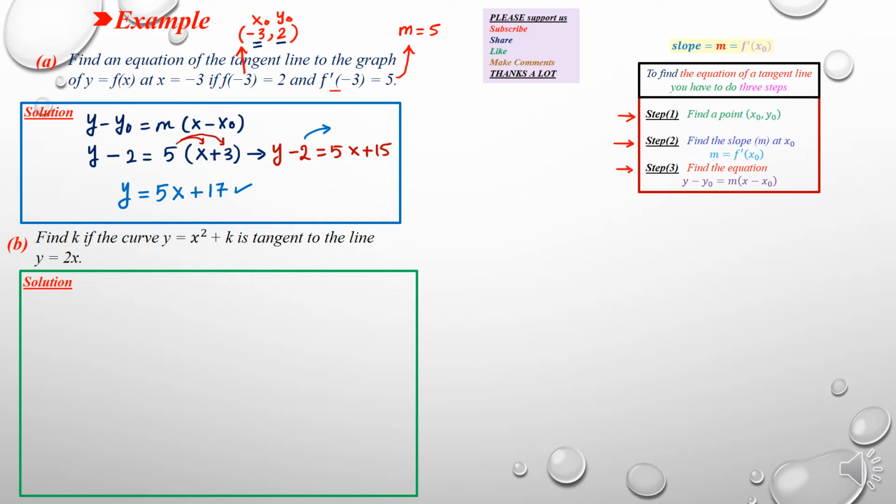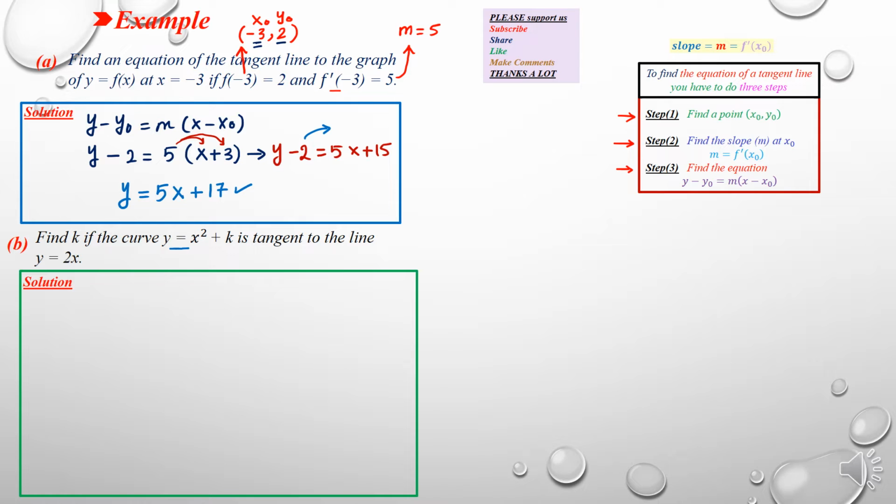Now in part B, find k if the curve y equals x squared plus k is tangent to the line y equals 2x. Here we have another issue, and this is a quadratic equation. This is a quadratic function, y equals x squared plus k. It is like the graph of x squared, but you have to shift the graph k units.